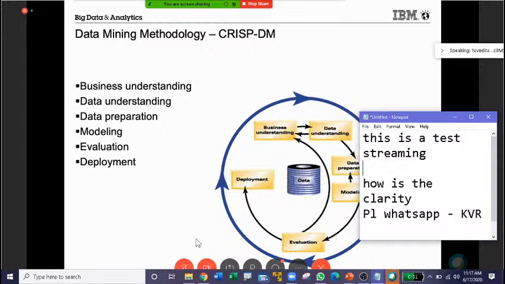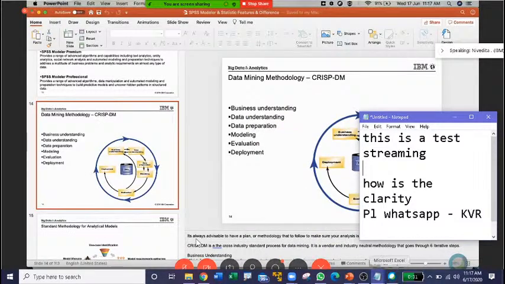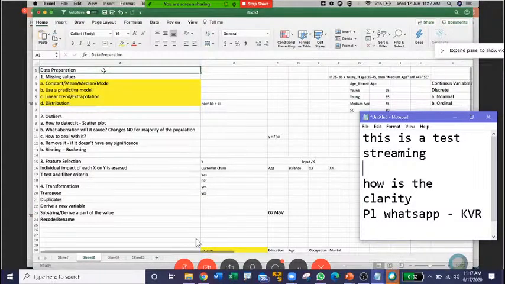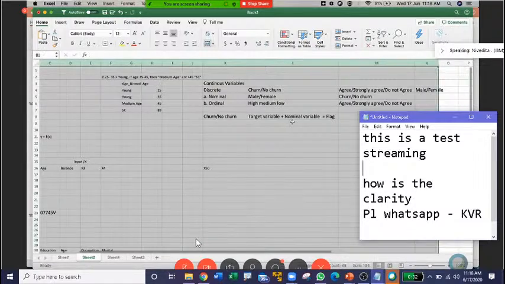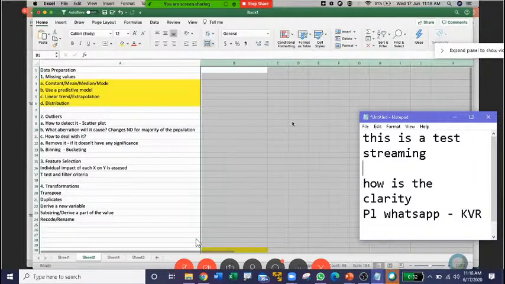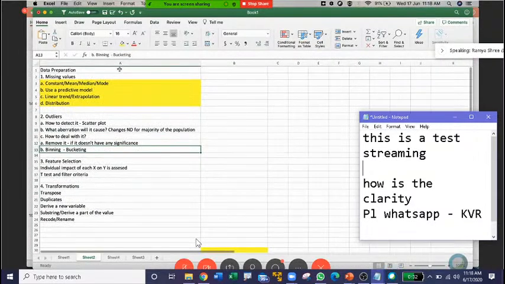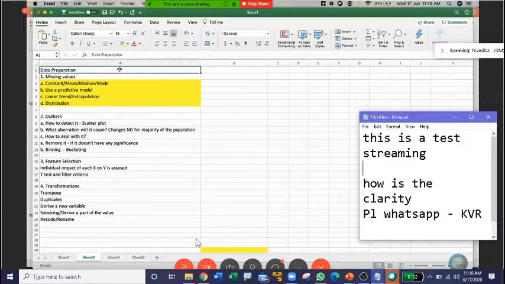So what all things do we do in data preparation? We cannot build a model on the raw data. We need to check what kind of aberrations are present within my data.